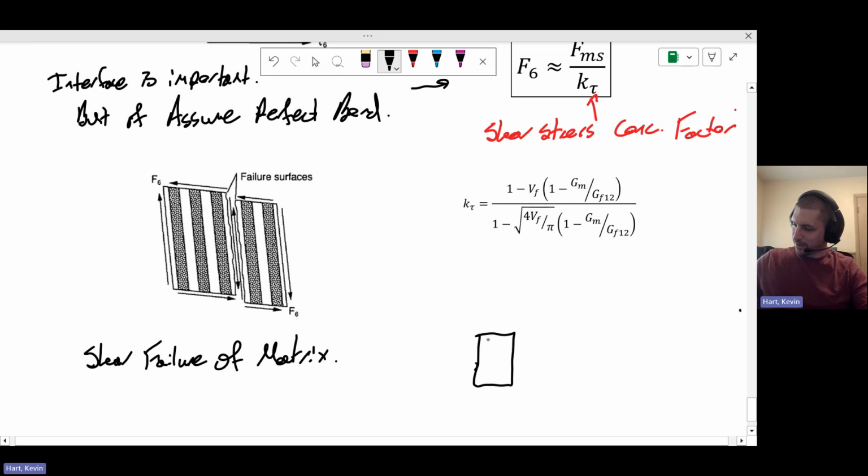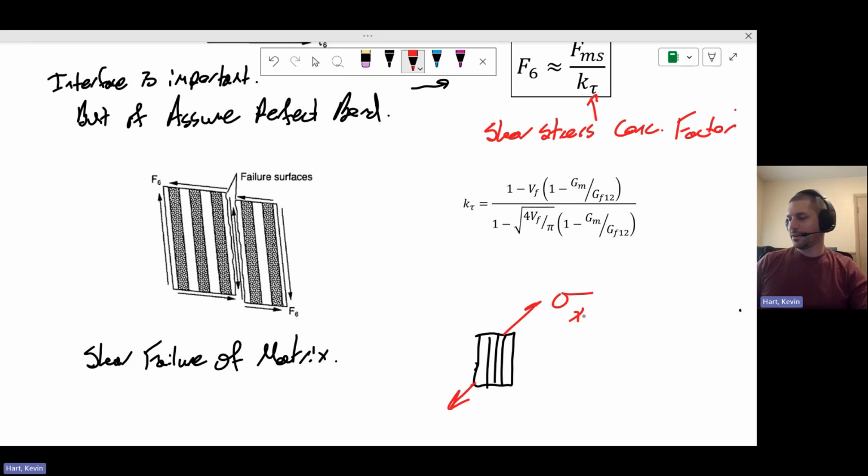So let's say you've got fibers that are going here, and what happens if your loading is something like this? We call it sigma x off axis. How can I predict when that composite is going to fail? That's what we're going to talk about in the next lecture: how do we deal with loadings when they're not all perfectly in the direction of our principal material coordinates, which they often are not.